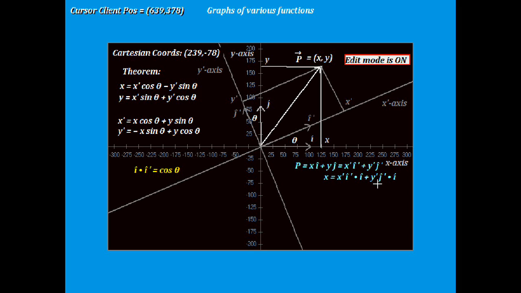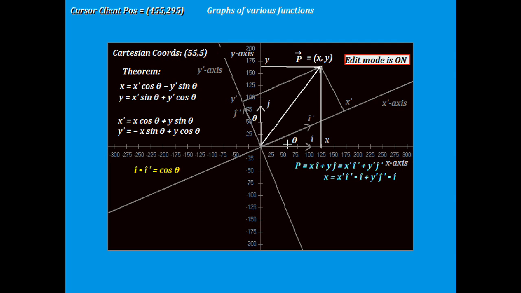Okay, what's j prime dot i, or i prime dot j? Well, i and j, it would be 1 again times the cosine of the angle between these two, right? Okay, well, this angle is theta plus 90 degrees, right? So yeah, that's exactly right.